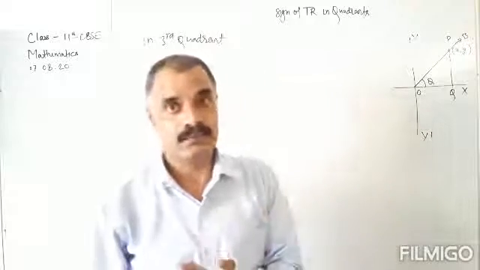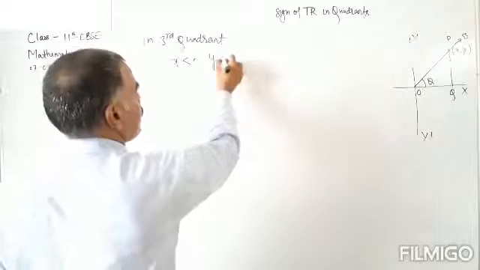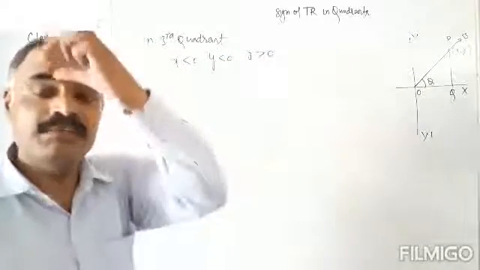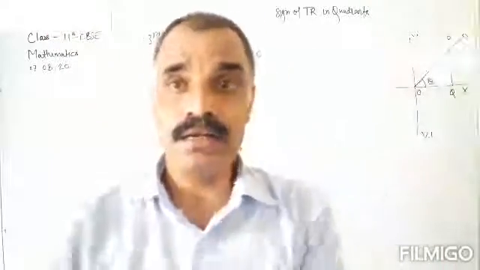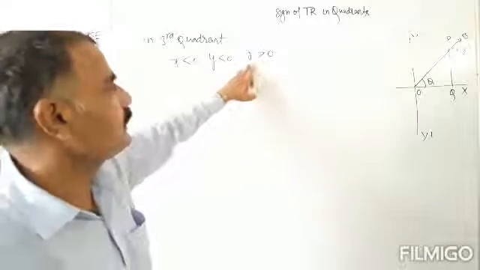Both are negative. So in the third quadrant x is less than 0, y is less than 0, but r is greater than 0. r is positive everywhere.